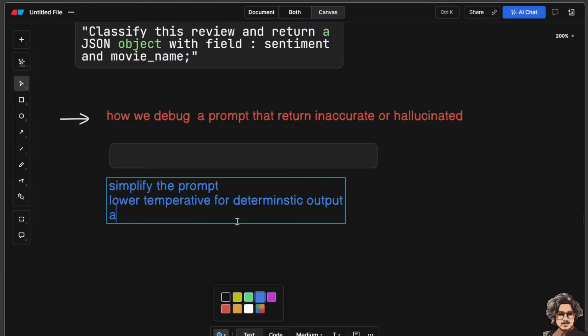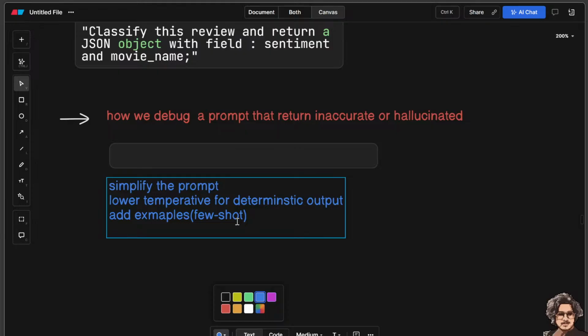Another thing is to add examples; that is few-shot, not zero-shot. This is the few-shot prompting technique.